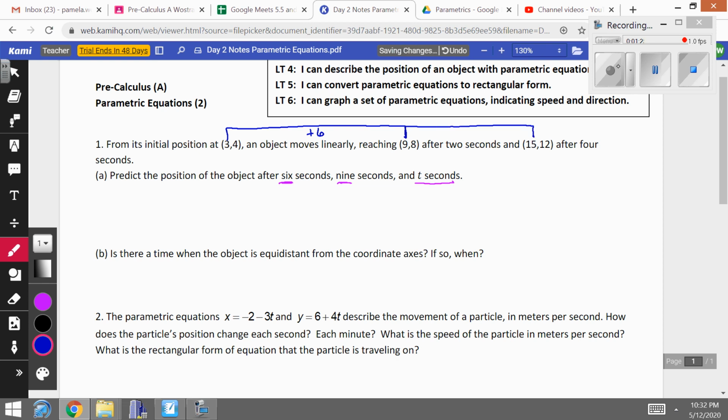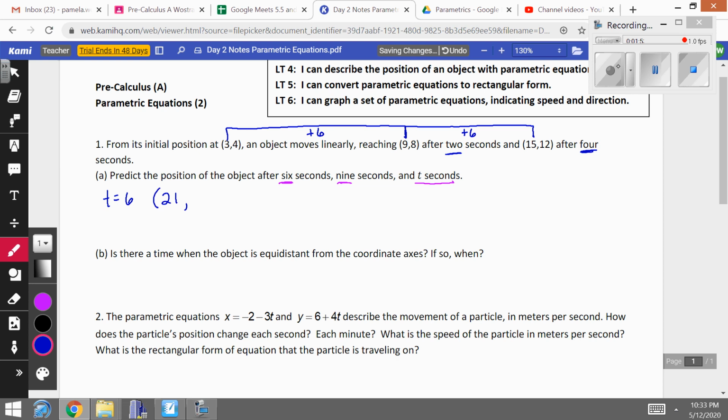So 2 seconds it takes to go 6 to the right to get to 9, and then another 2 seconds, notice it goes another 6 to the right. So if we want 6 seconds, this one's pretty easy because that's just 2 seconds after. So this was 2 seconds, then 4 seconds. So 6 seconds is going to be 6 away from that. So my x coordinate is just the 15 and 6 to the right of that. My x coordinate's going to be 21.